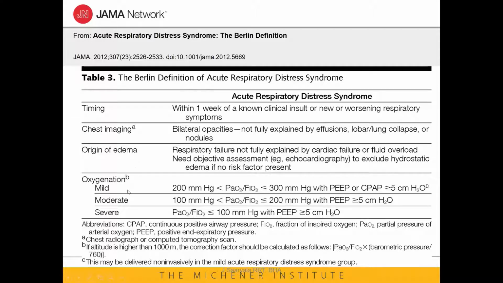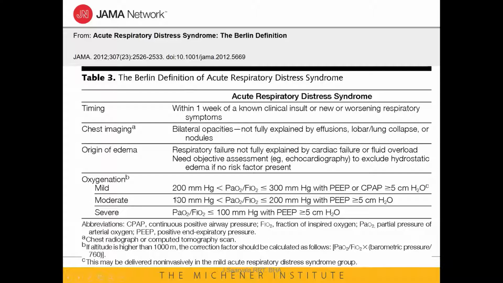Then when we look at oxygenation, it's going to classify our patient on whether they have mild, moderate, or severe ARDS. So you can see mild ARDS is 200 millimeters of mercury to 300 millimeters of mercury with a PEEP or CPAP of 5 centimeters or higher. This is looking at our PF ratio, which is taking our PaO2 from the arterial blood gas and dividing it by the FiO2 they were on when that blood gas was drawn.